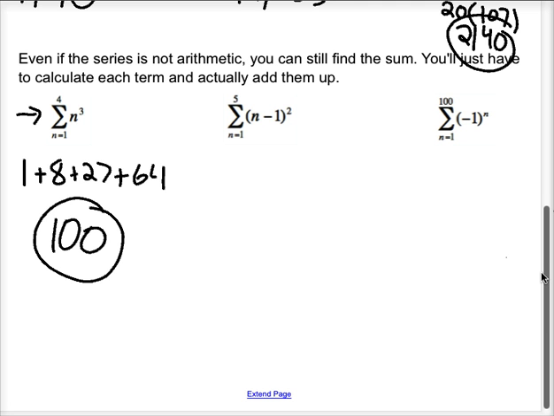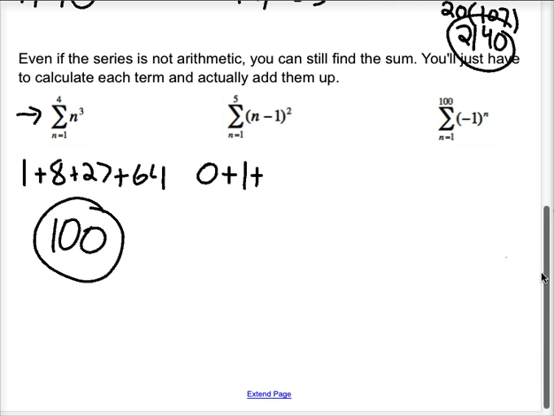So our next one, n minus 1 squared. So my first term is going to be 1 minus 1 squared. Well, 0 squared is 0. My next term, 2 minus 1 squared is 1 squared, which is just 1.